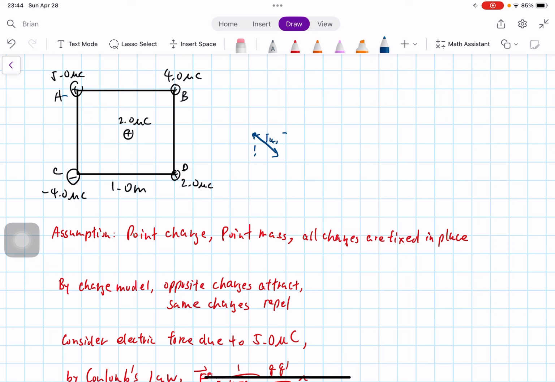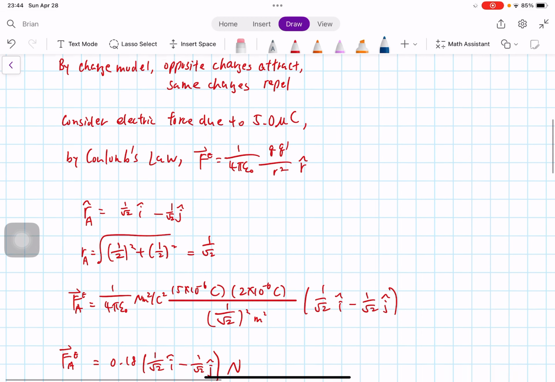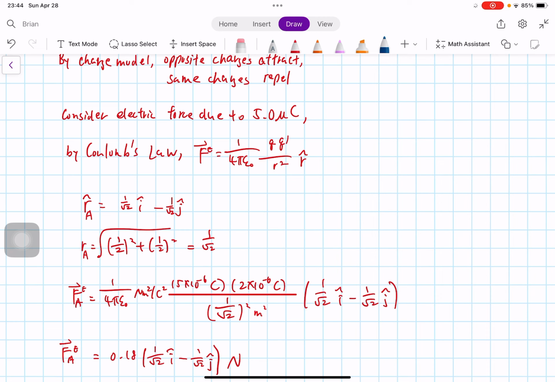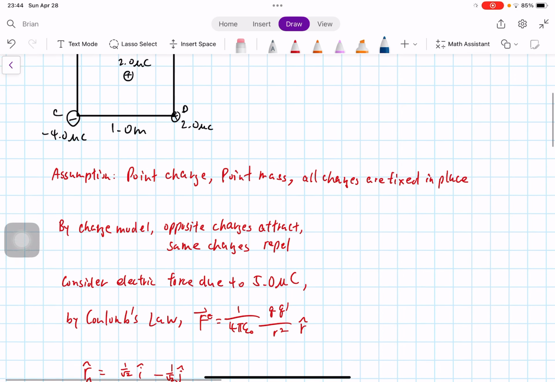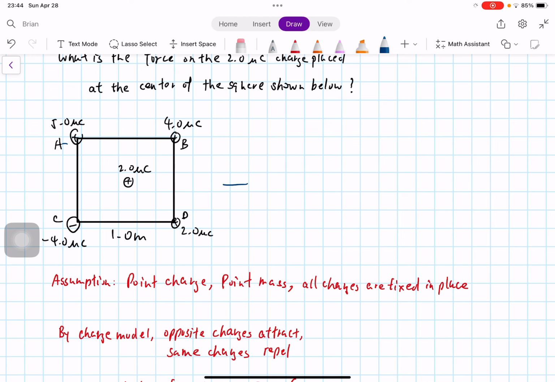This is 45 degrees, this is 45 degrees, and a quick observation could give us this equation. This value will be pointing in the positive i direction and the negative j direction.